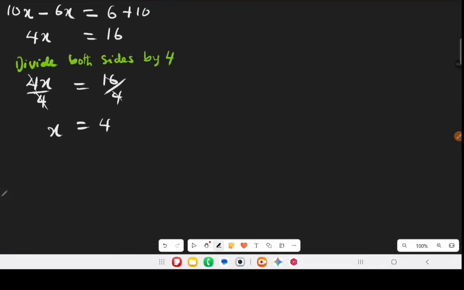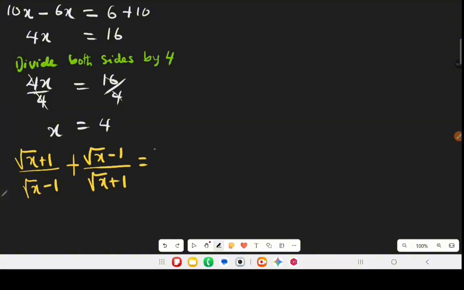Now we continue. I will write down the question, which is root of x plus 1 all over root of x minus 1 plus root of x minus 1 all over root of x plus 1 equal to 10 all over 3. Solution.